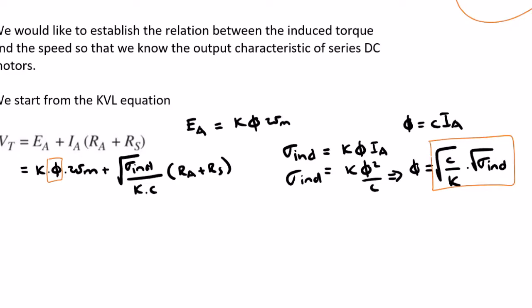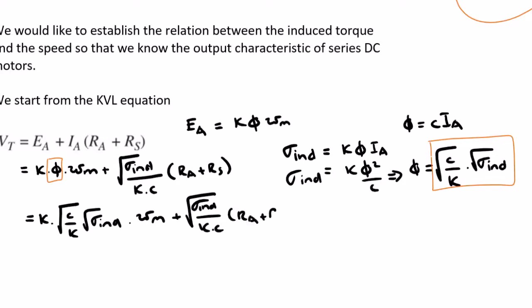So we have now K times square root of C over K times the induced torque into omega m plus the induced torque over KC times Ra plus Rs.